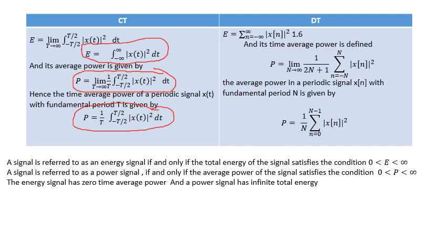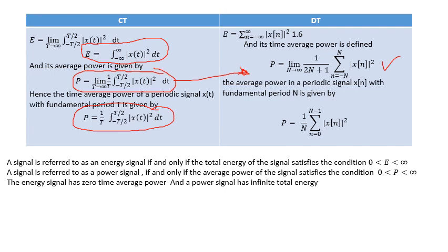So the counterpart of the power of a signal in the discrete time case is exactly similar to what we have for the continuous case, but because the independent variable is discrete, we will use summation instead of integration. So again, it's a similar thing. There we were integrating from minus T by 2 up to T by 2, that is over one period.